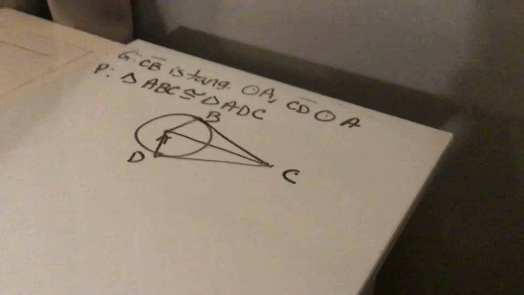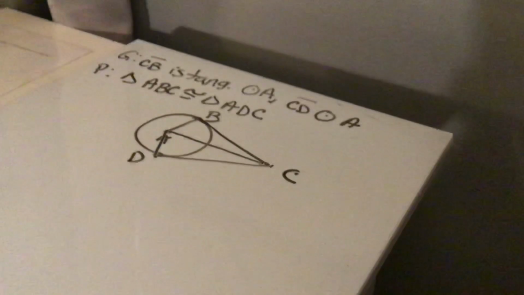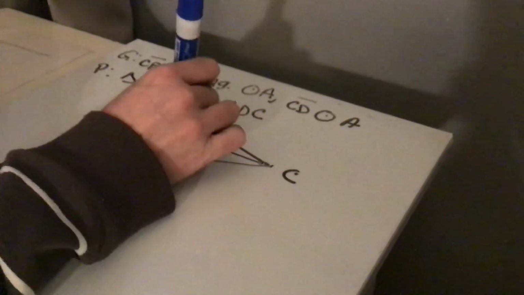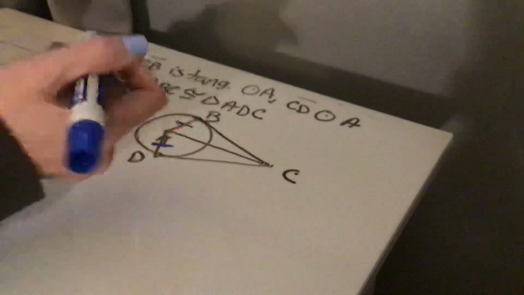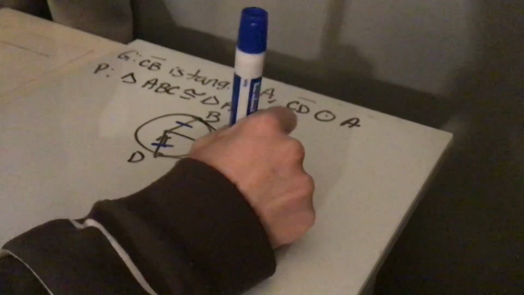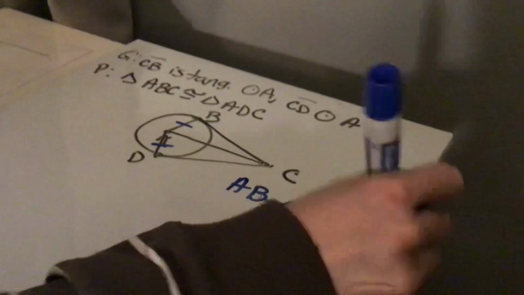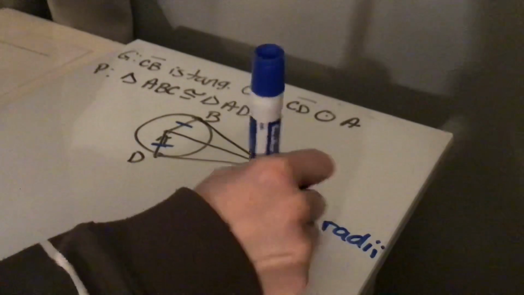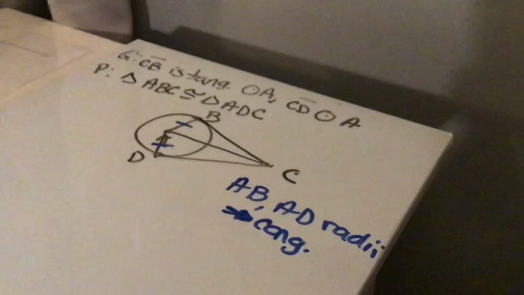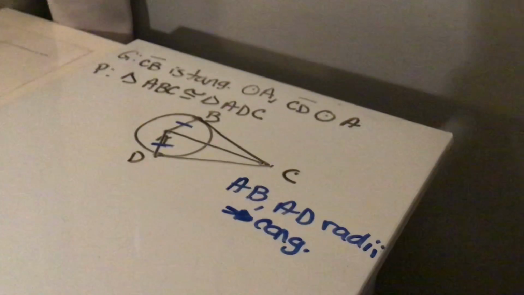A is the center, B and D are on the circle. So that makes AB and AD each a radius. And all radii are congruent. So we're going to just make a little note here. AB, AD are radii. So they're congruent. This is how we're working through this thought process.